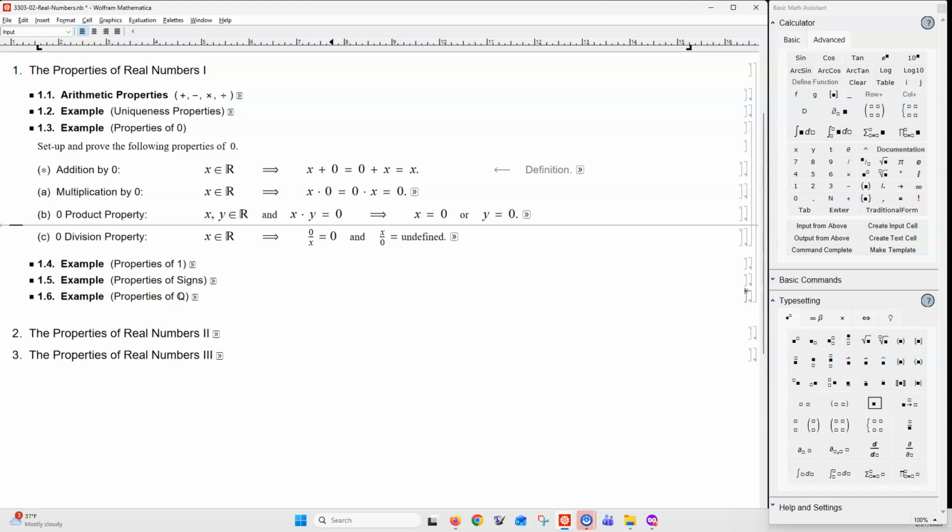Okay, next, zero product property. Well, I'll leave the proof to you. It's going to be simple. But let me tell you the implication of this.